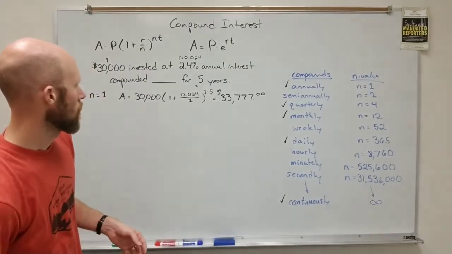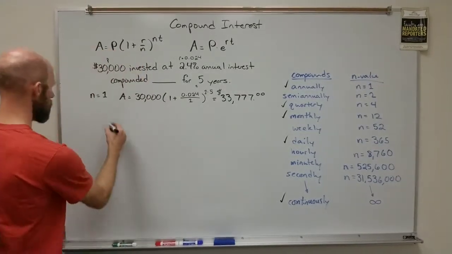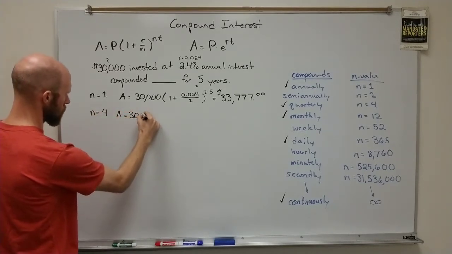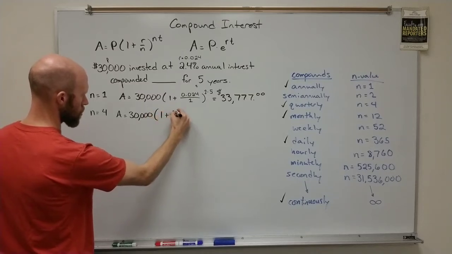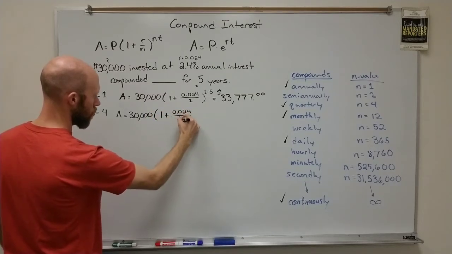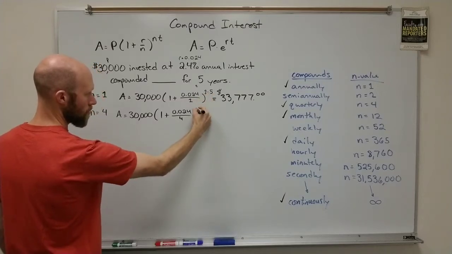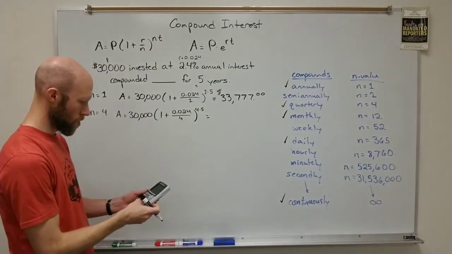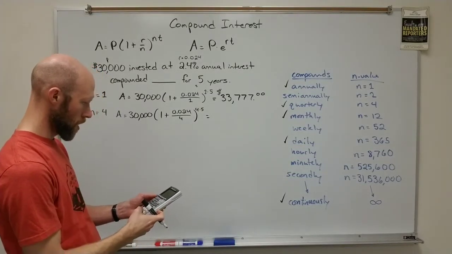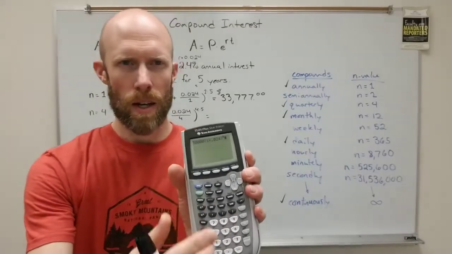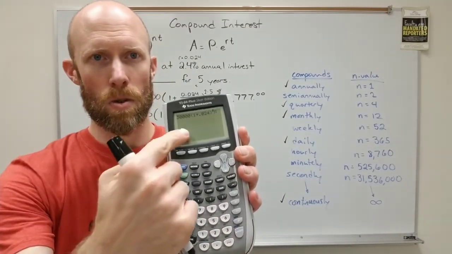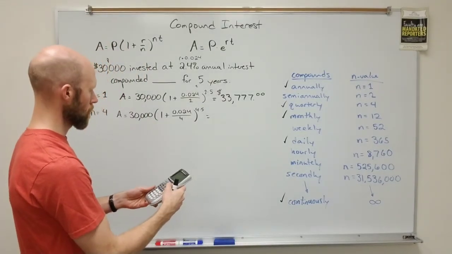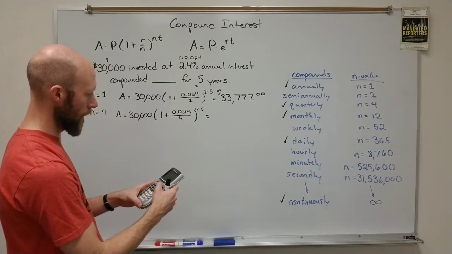Now, I want to go to quarterly compounding. So if n equals 4, A is 30,000 times 1 plus 0.024 over 4 raised to the 4 times 5, or you could just put in 20, right, for the power. And so if you hit the second and then the enter button on these calculators, it will copy and paste the previous equation, and you can just edit some of those numbers.